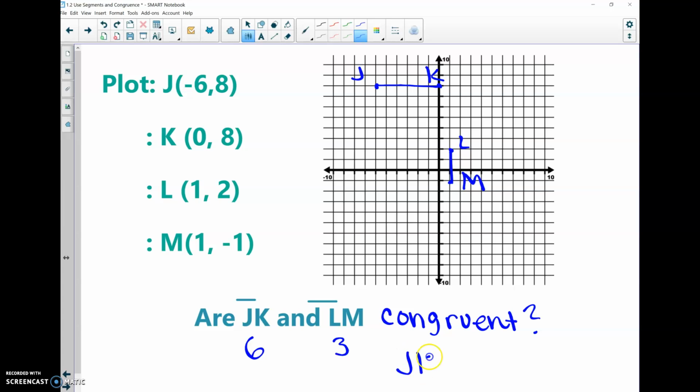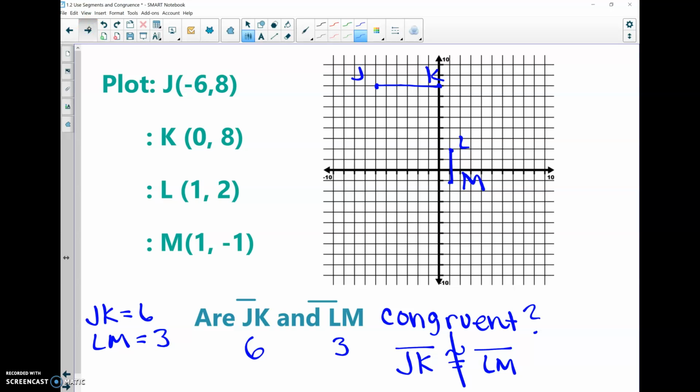So the way you would say that is line segment JK, not congruent, so you draw a slash through the congruent symbol, to line segment LM. If you were asked the length, JK would equal 6, LM equals 3. But when you were talking about congruence, notice that I put line segment JK and line segment LM. So make sure that you add that in there.